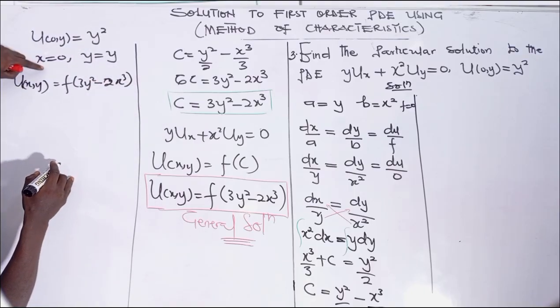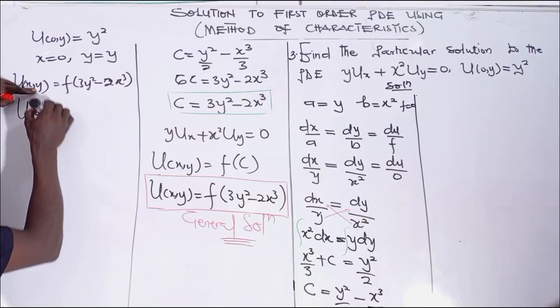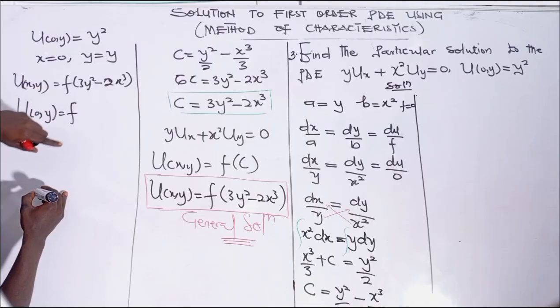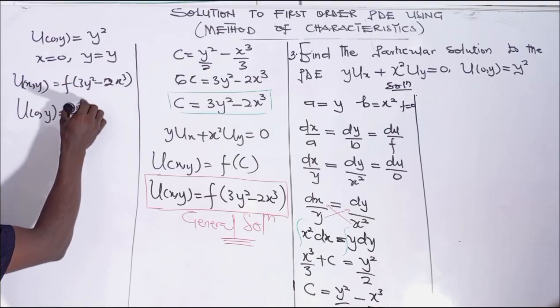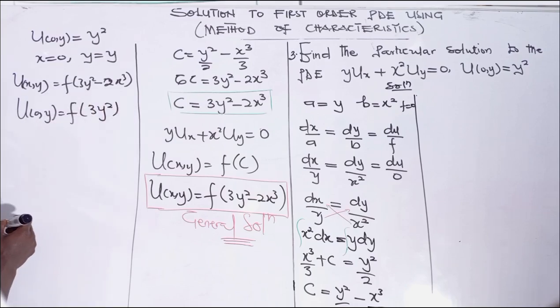So we are saying that our x is 0, so here will become u of 0, y, and this will still be y, is equal to a function. Now wherever we see x is 0, 2 times 0 gives us 0, so we'll be left with 3y squared. Good.